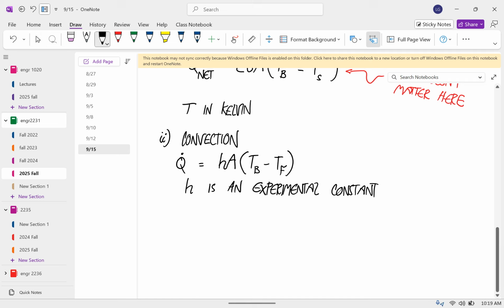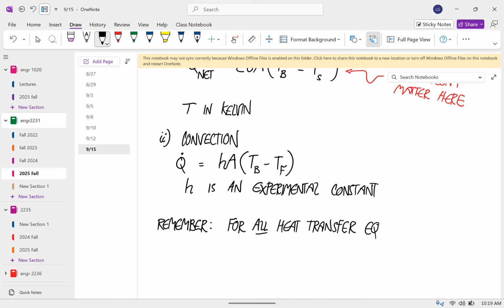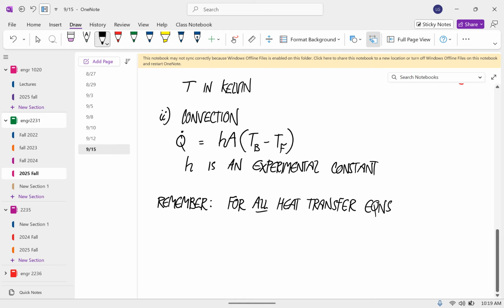And as far as all of these heat transfer equations, remember, for all the heat transfer equations, you can't trust the signs.